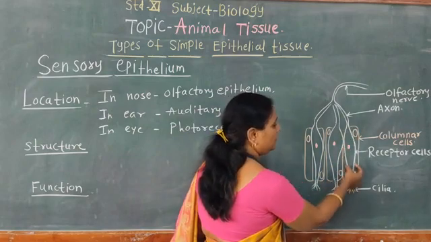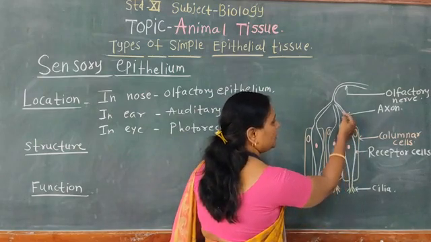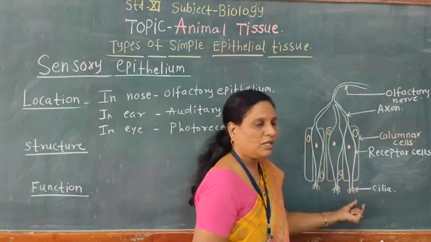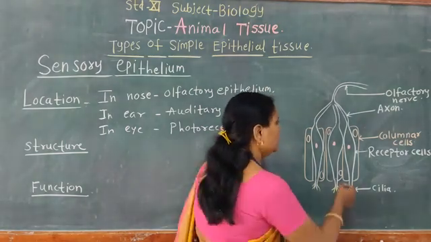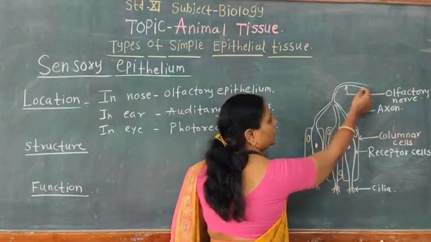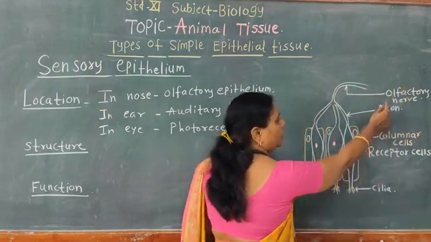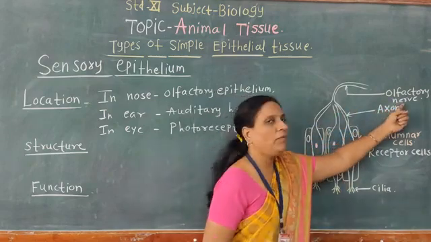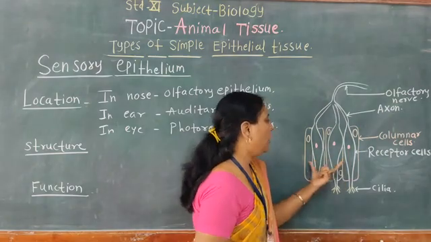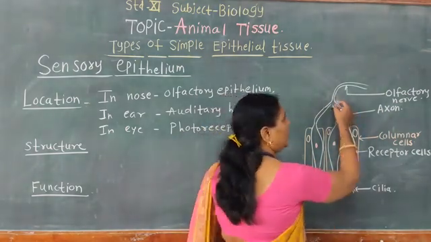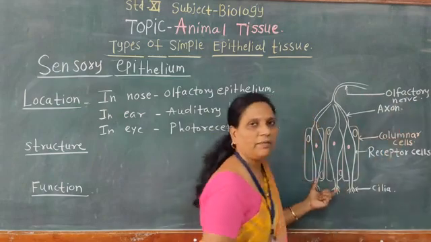These are the receptor cells which have axons at one end, and at the free end they show sensory hair cells. The axons of these receptor cells combine together and form the nerve. In case of olfactory epithelium, it is called the olfactory nerve. So this is the olfactory epithelium in nose.